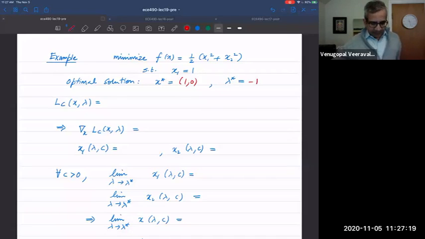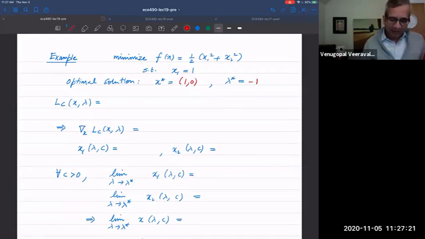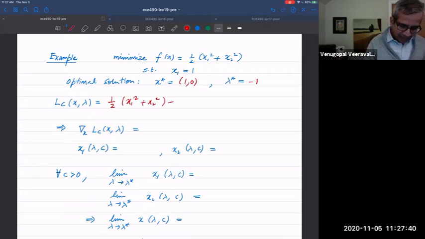Now let's examine how the augmented Lagrangian behaves when lambda is close to lambda star. The augmented Lagrangian is the function plus lambda times the constraint plus C over 2 times the constraint squared.